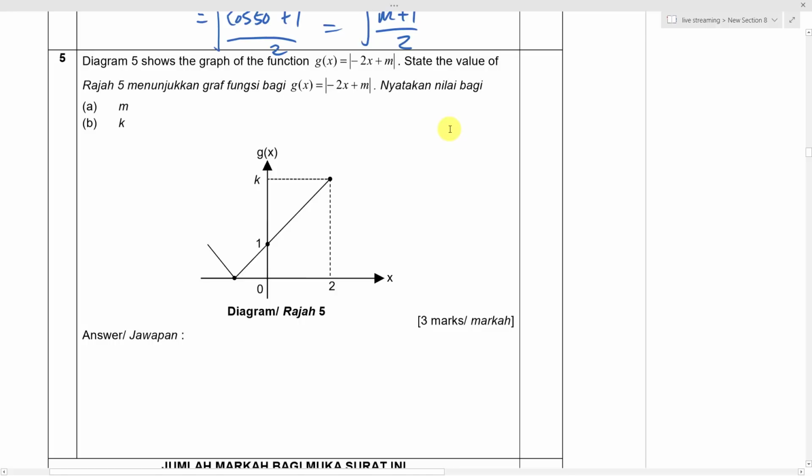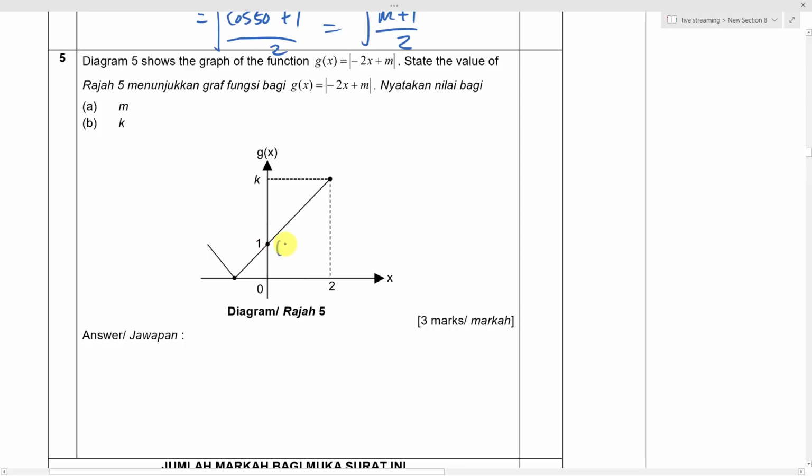Alright, so number 5 here. Actually I get two values of m, but the marking scheme only has one value, if not mistaken, so I will just explain myself. First thing is, when we have the modulus like this, what we want to do is substitute in some value here.